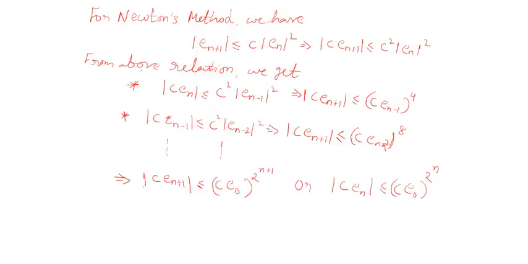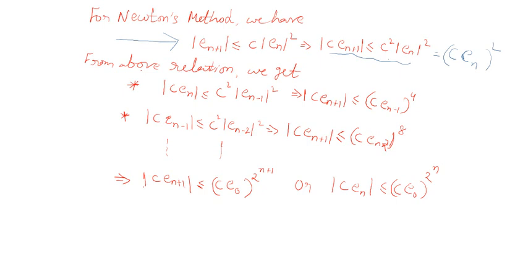Look here. What we have just established is the following: mod of En plus 1 is less than or equal to C times mod En square. If you multiply both sides by C, you get C square times mod En square, which you can write as C times En, whole square. So from this relation we get the following.